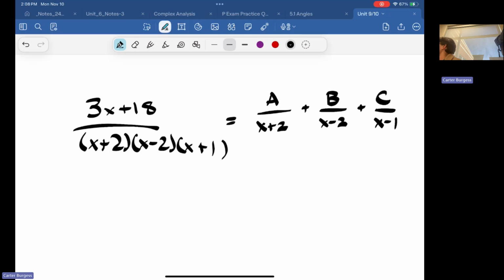And now here's the tricky part. What would I need to multiply, let's say, my first fraction by in order to make its denominator match my original? This is a new one, like a bonus problem. So not only, sorry, this should be a +1.